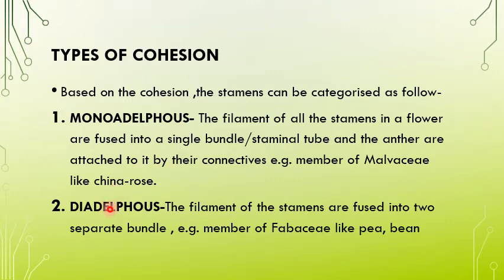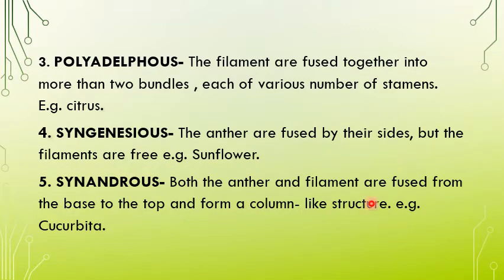Number two is diadelphous. The filaments of stamens are fused into two separate bundles. For example, a member of Fabaceae, like pea. The next one is polyadelphous. The filaments are fused together into more than two bundles, each with a various number of stamens.